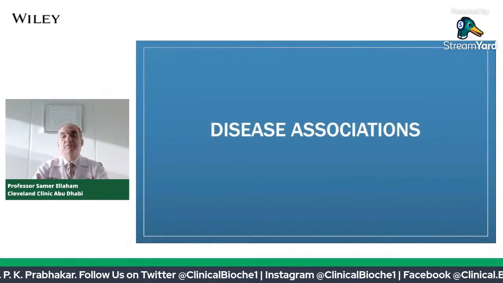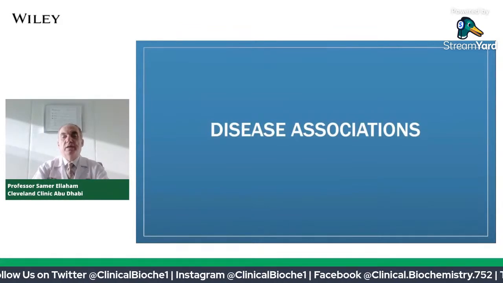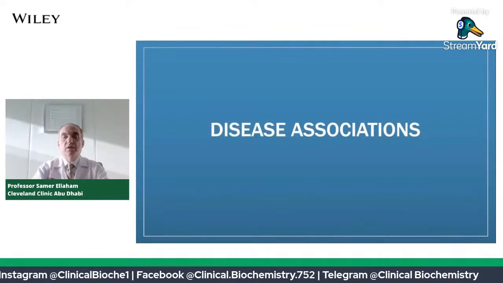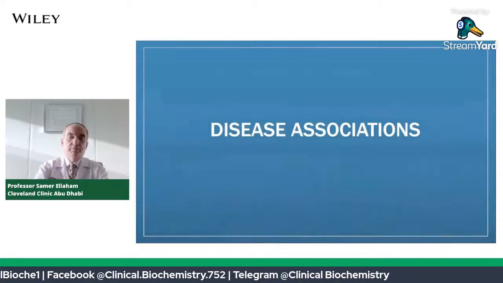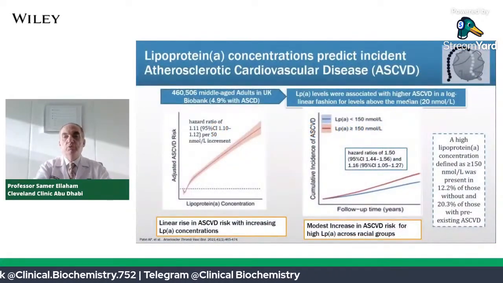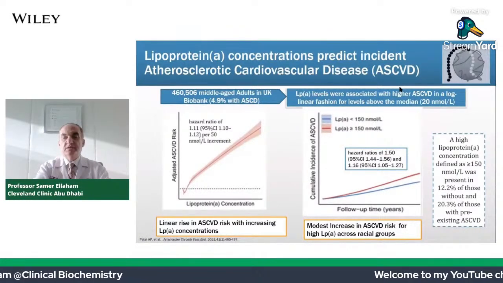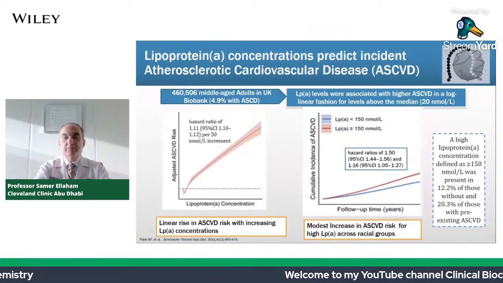But very importantly, if we intervene and specifically lower Lp(a), is that going to give us different outcome data in the good direction that we are hoping for? So this is now looking and digging in the next few minutes, and I hope you are still with me and as excited as I am about the topic.